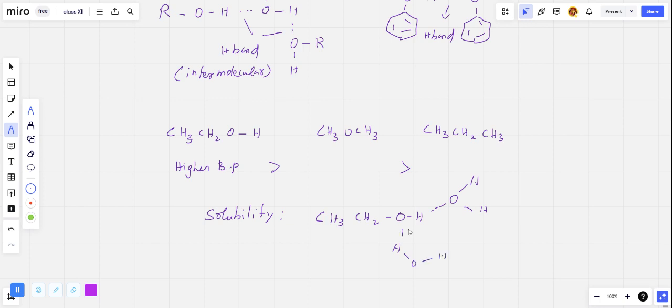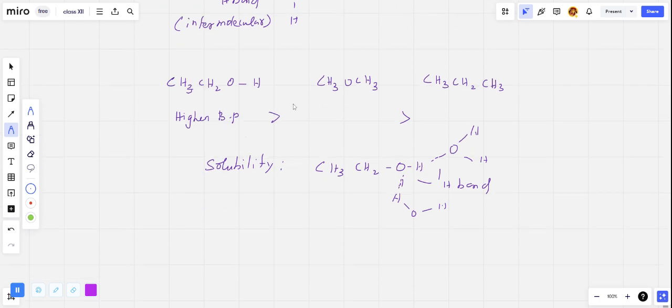Due to this H bond, it is easily soluble in water. But the solubility decreases with the increase in the number of alkyl groups or aryl groups.